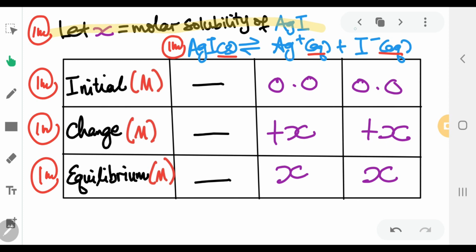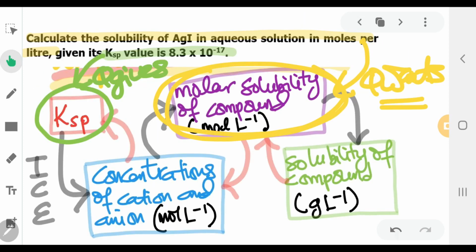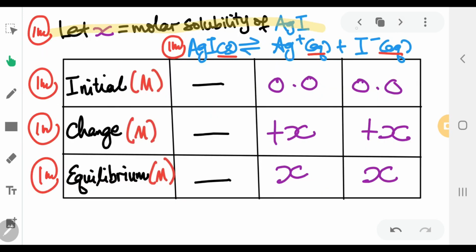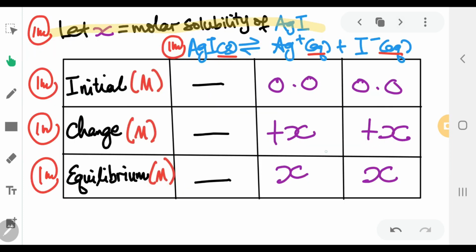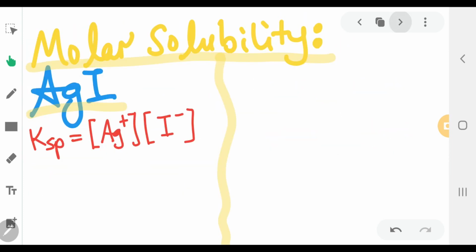Okay, so what do we need to do next? Now we have found out the concentration of cation and anion through the ICE table. We have done this, and we're going to move forward to molar solubility. And how do we do that? You do remember the question gives you the KSP value, and we can compare that with what we have over here.